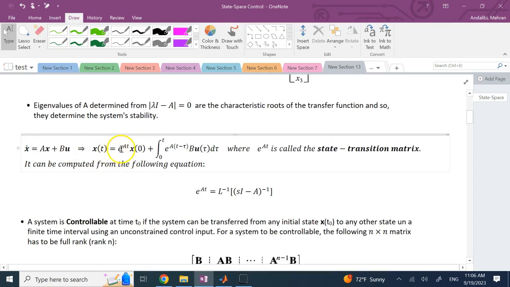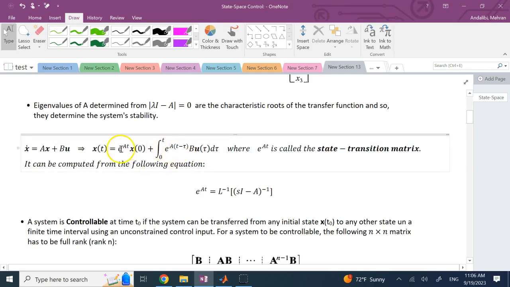The solution is e to the At times the initial condition plus this convolution, involving e to the A(t minus tau) times Bu of tau d tau. So this is the change in the state as a result of the input, and this is the change in the state from the initial condition.